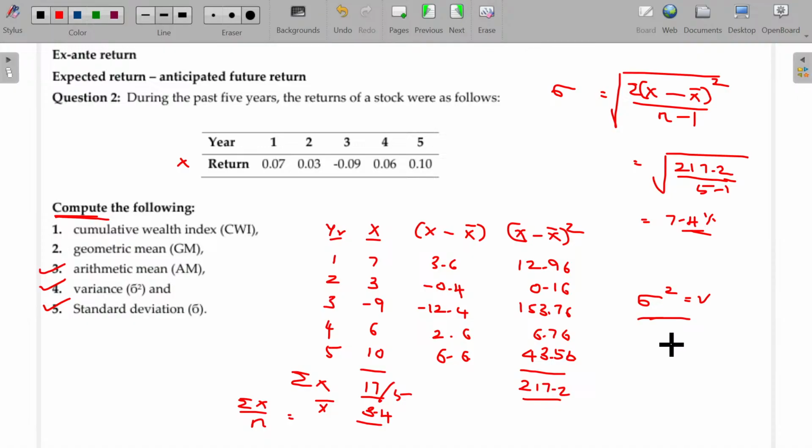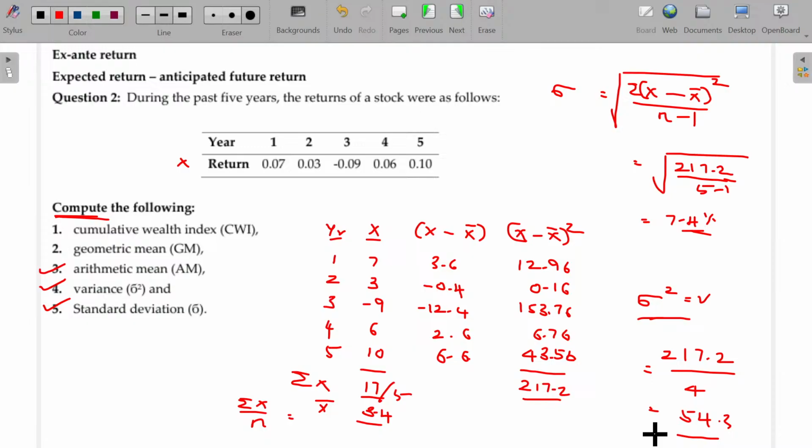I think 54.3, or 217.2 by 4, 54.3. If you take the root of variance, then it's called standard deviation. So the mean is 3.4. It may vary plus or minus 7.4.